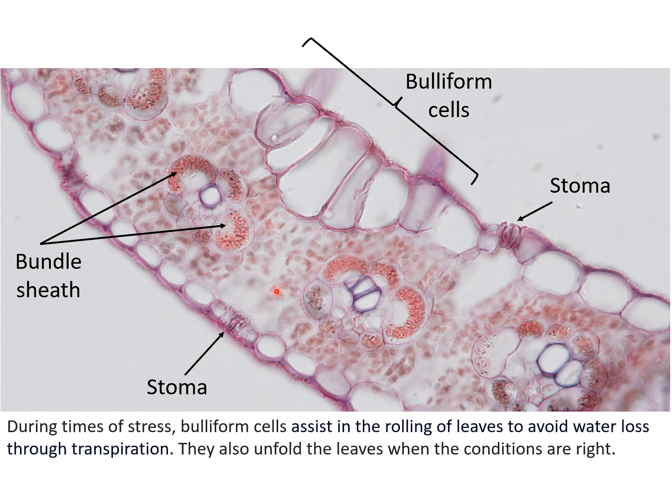During the time of stress, the bulliform cell can help the leaf to avoid water loss through transpiration. And sometimes they also unfold the leaf when the conditions are right. So this is the function of bulliform cell.